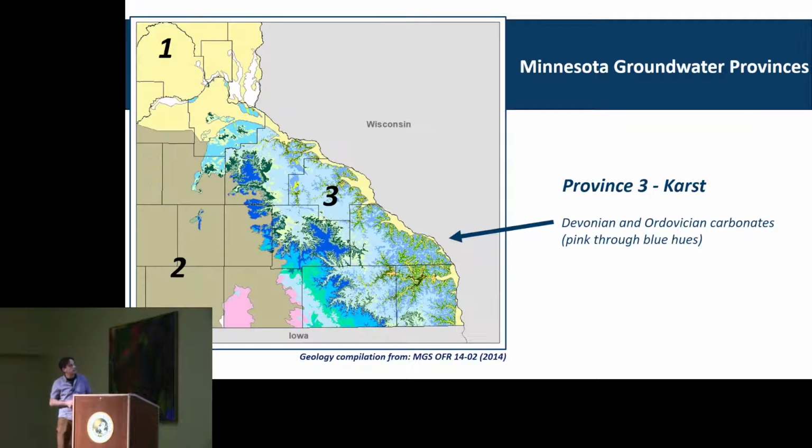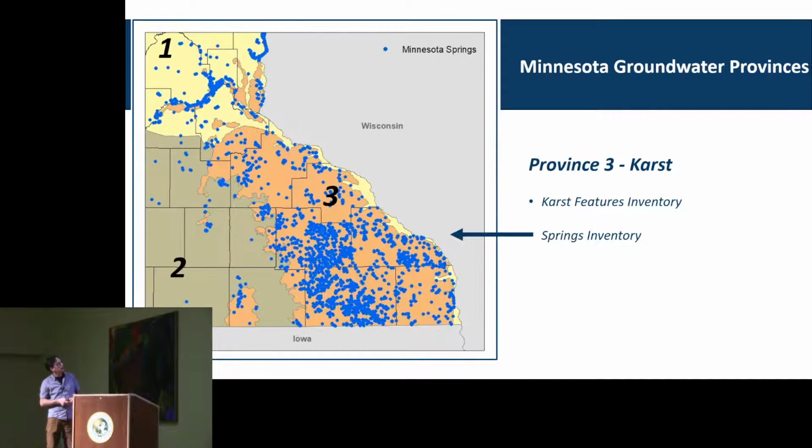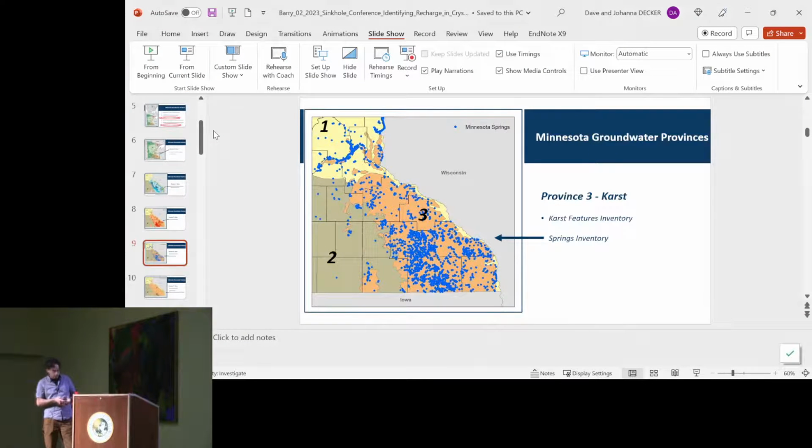So the karst province, there's a lot of available information. So very high resolution mapping through the Minnesota Geological Survey, a lot of Devonian and Ordovician carbonates. We've got a karst feature inventory that Calvin Alexander and others started many decades ago. The DNR now is serving it. We have the Minnesota Springs inventory that Calvin and others started as well, that the DNR is serving right now.